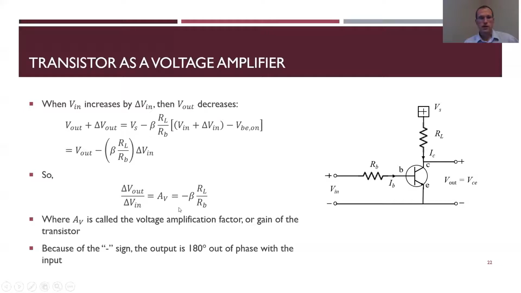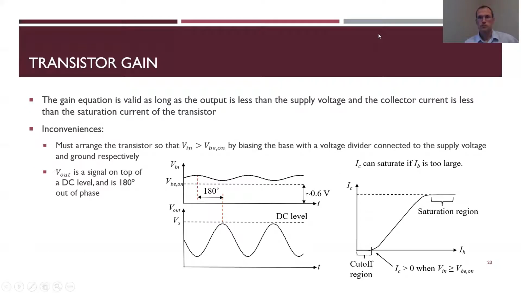There's a minus sign involved. The minus sign means my output is going to be 180 degrees out of phase with the input, or negative, depending on whether I have some sort of alternating current or direct current going in. And that, of course, is assuming that I'm between the cutoff region and the saturation region.